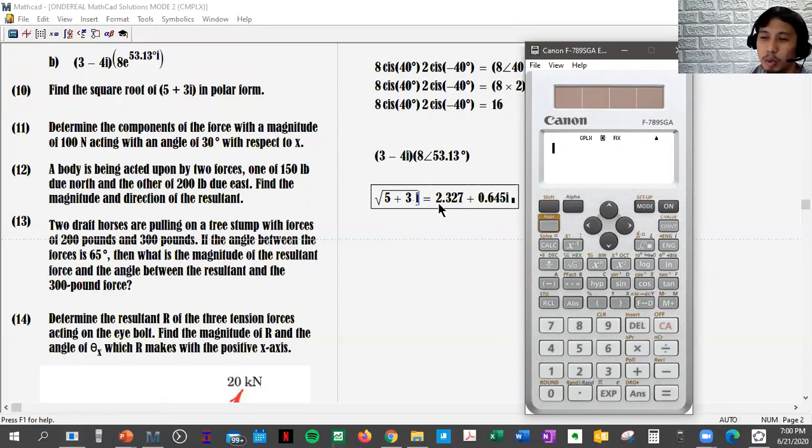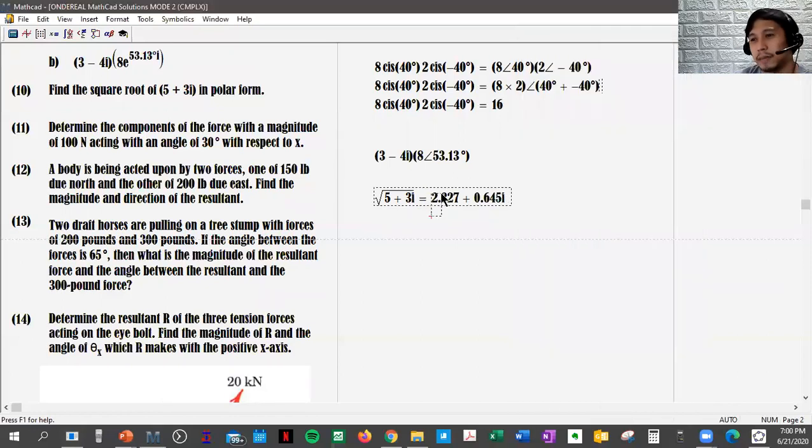So yung gagawin natin is that we're going to solve this using De Moivre's principle for square root, or the nth root of the complex number, but we have to write this in r angle theta form.